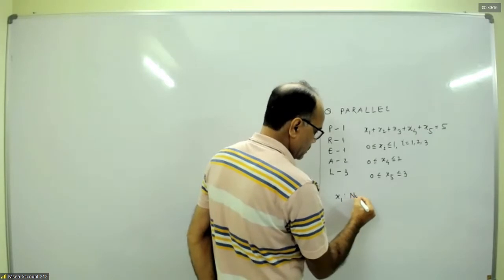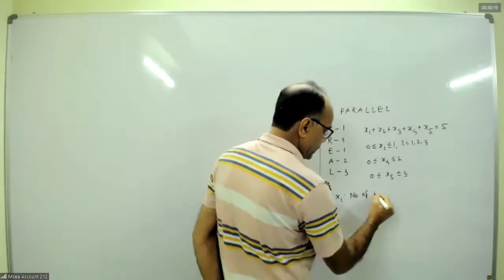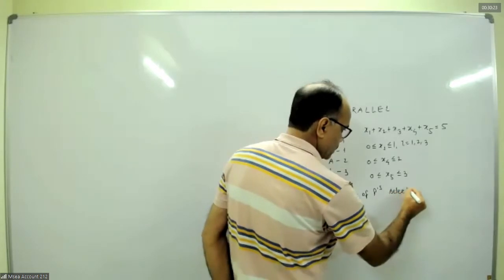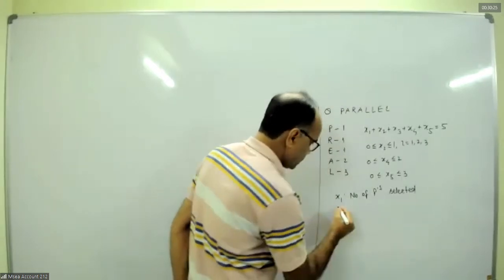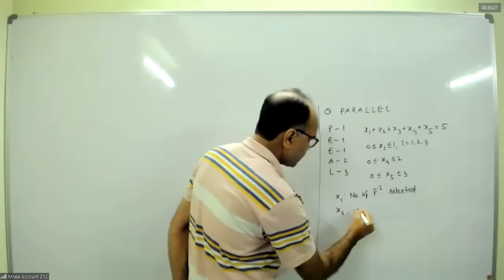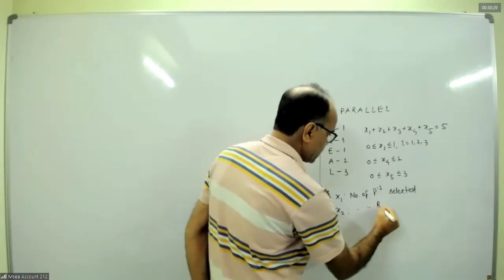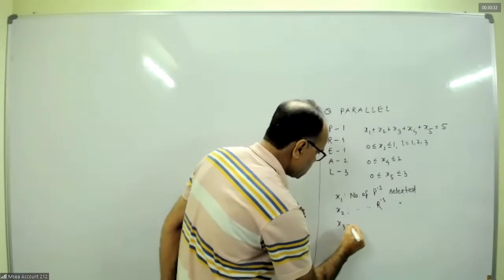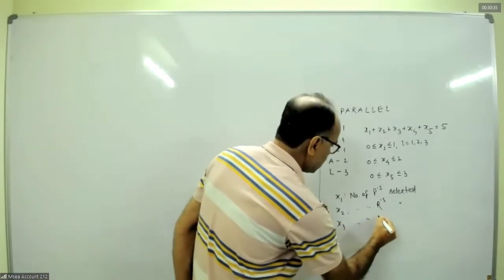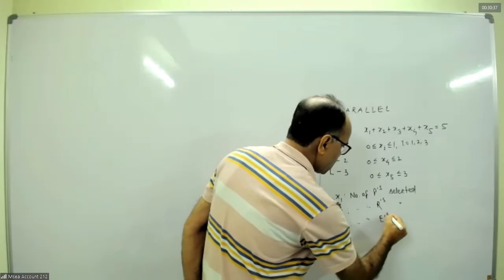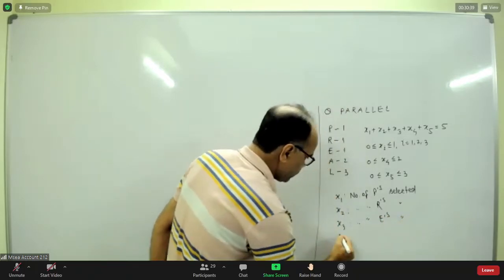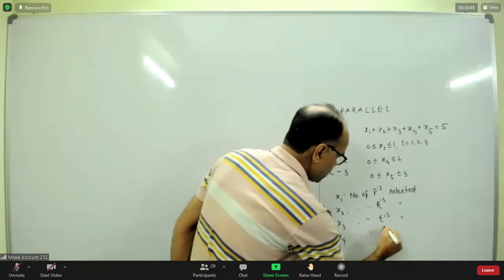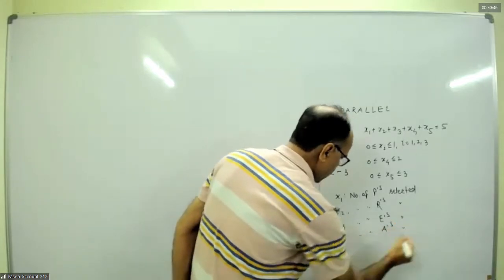X1 is the number of P's selected. X2 is the number of R selected. X3, number of P's selected. X4, number of A's selected.